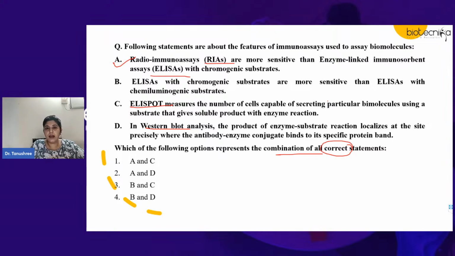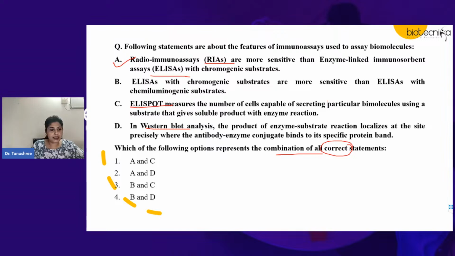Because otherwise you will lose marks in negative marking. But as we are practicing now, it's better that you try. The more you try, the more you learn, and definitely if you answer it correctly, it will give you confidence, right? So just try once.